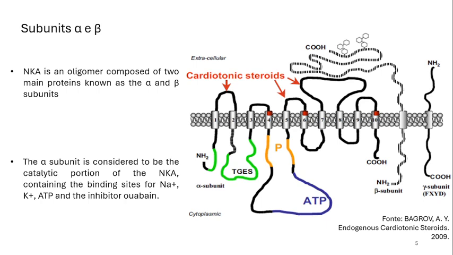It basically has the part that binds ATP, the potassium, the sodium, and also in the extracellular region, you have a place to bind other substances called cardiotonic steroids that I'm not going to get into in this presentation, but basically they are substances that can inhibit this enzyme if bound to it.